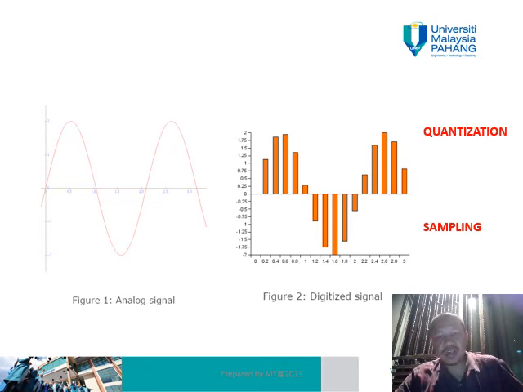You can see that the analog is continuous, it has a value at each time, whereas in the digital signal, the value of the signal is discrete at certain time intervals.